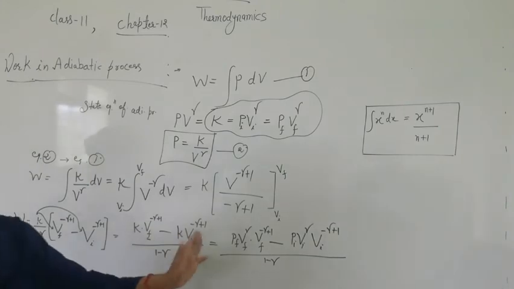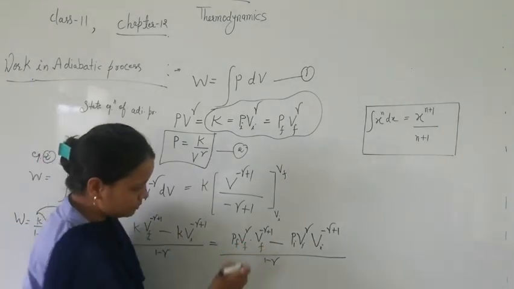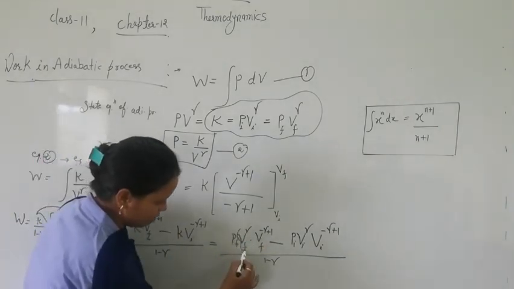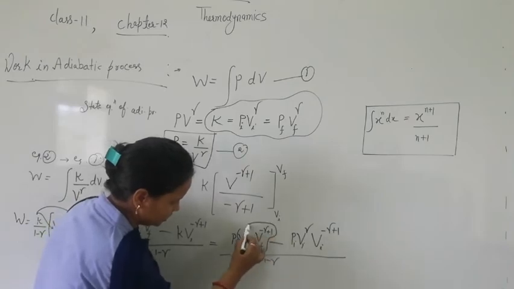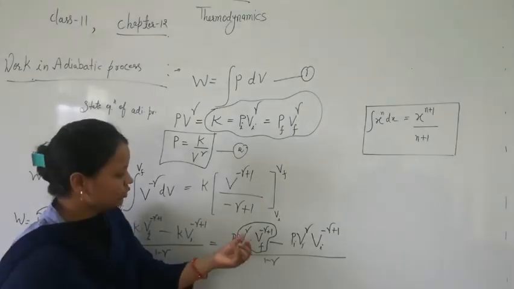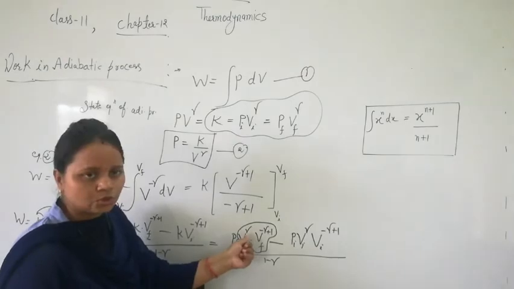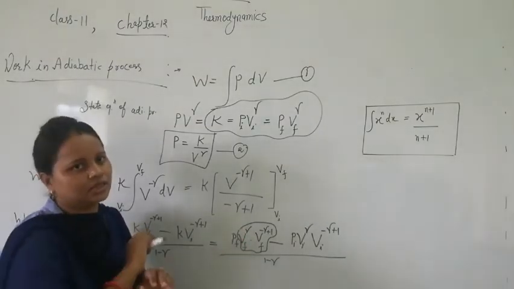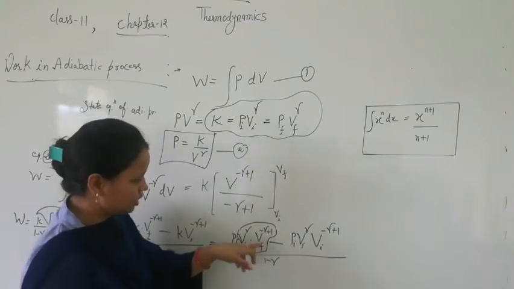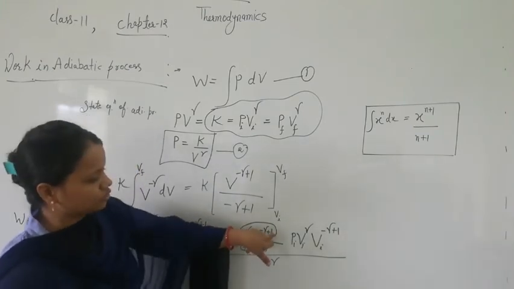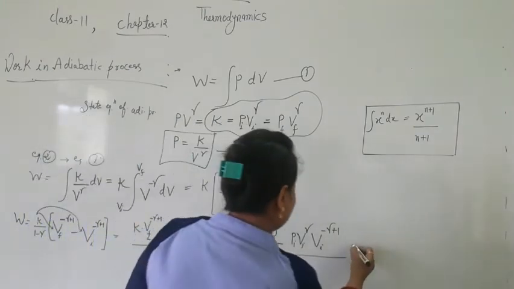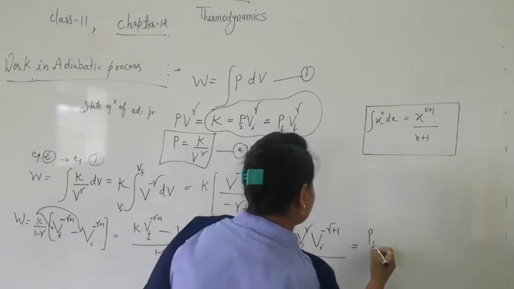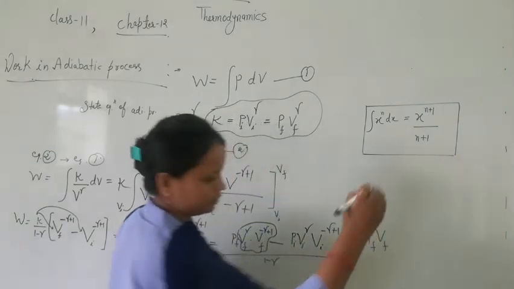Here we can solve this using the common base. Vf is the same base, so we can add these two powers. Minus gamma is here, plus gamma is here, gamma is cancelled, then only Vf raised to the power 1 remains. Pf Vf to the power 1.